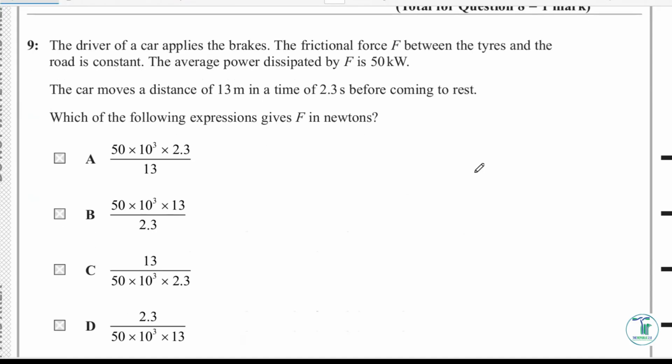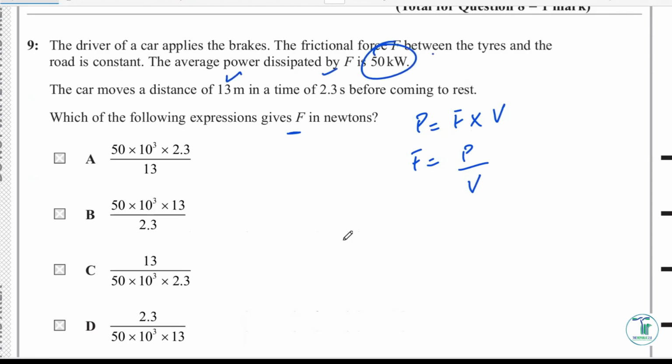Now you've got this question number 10, and we need to calculate which of the following expressions gives force in newtons. So we need to calculate the force. If you remember a formula, power was equal to F times V, right? And if you are looking for the force, it must be equal to P upon V. You have got the power and you have got the distance and time for the velocity.